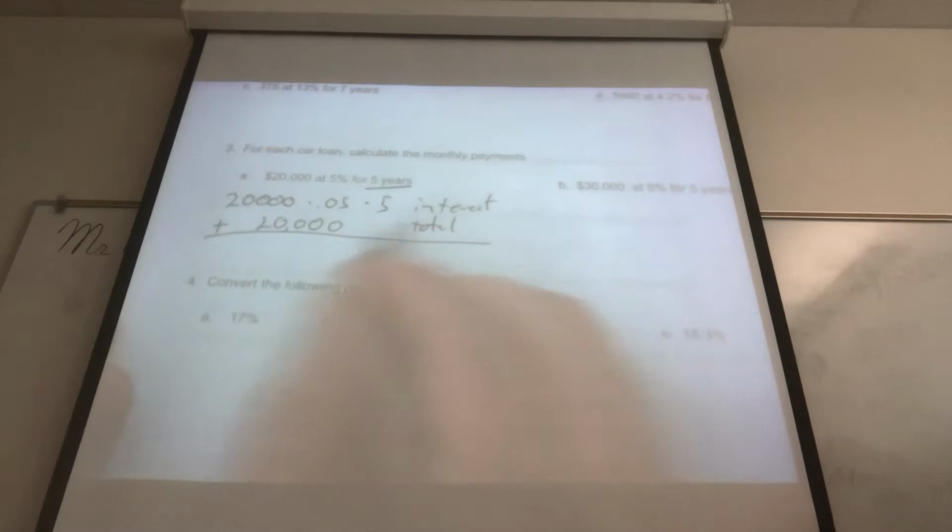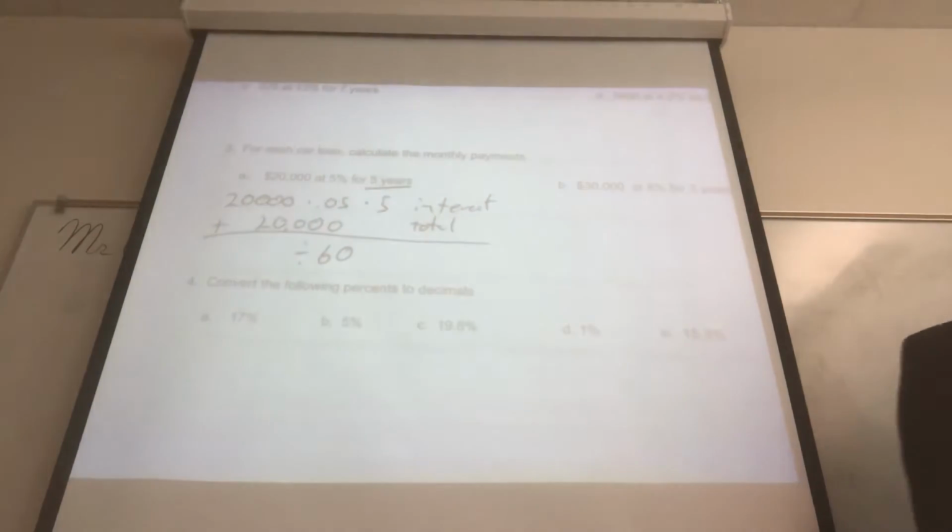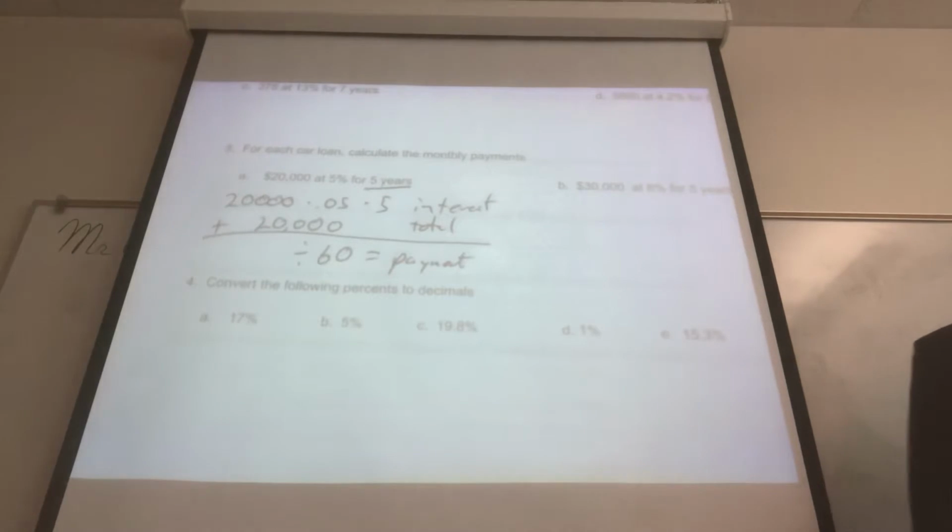And then you'll take whatever that is and divide that by 60 months, because in 5 years, at 12 months a year, there's 60 months, and that would be your payment. Again, if it's calculating simple interest, that's what's going on.